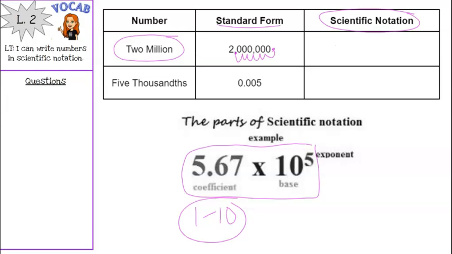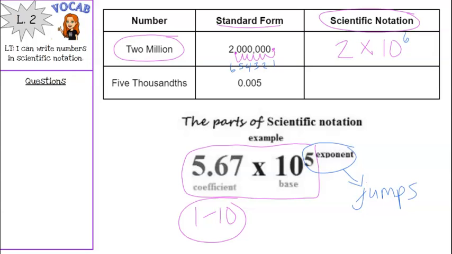So then my coefficient is 2 times 10, and so now we need that exponent. Your exponent is the number of jumps that you take with that decimal point. So we moved it 1, 2, 3, 4, 5, 6 times. So 2 times 10 to the power of 6.